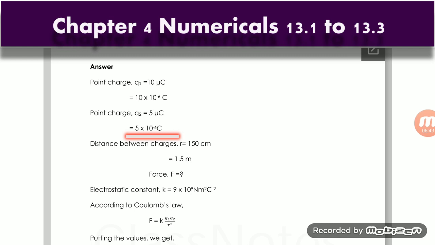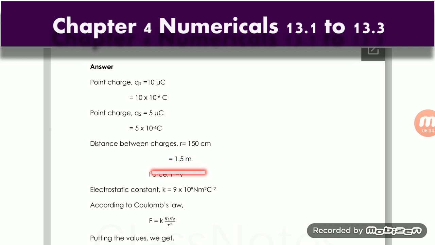The distance between them is 150 centimeters. We have the information in centimeters, so we have to change it into meters. We divide by 100 and we get 1.5 meters.